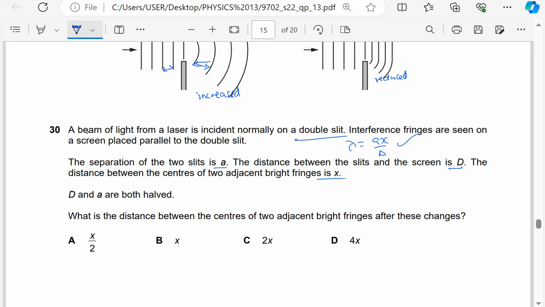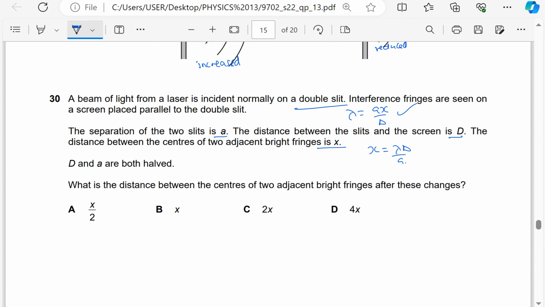So we already have this equation here. This means X is going to be lambda times D divided by a. Let this be the first equation. For the second equation, what is the distance between the centers of the two adjacent bright fringes? That is X. For the second one, after these changes, D and a are both halved.